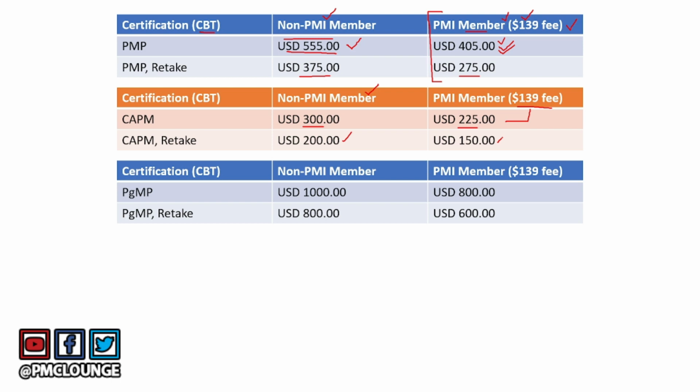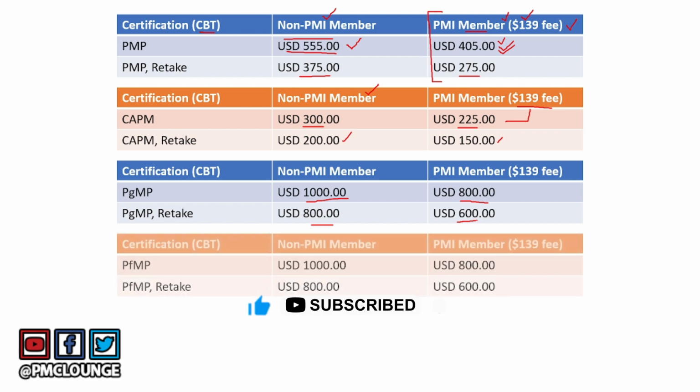PgMP is Program Management Professional, $1,000 for a non-PMI member and $800 for a PMI member, $800 for a retake and $600 for a retake if you are a PMI member. All right, let's move on to the next one, which is PfMP, Portfolio Management Professional.